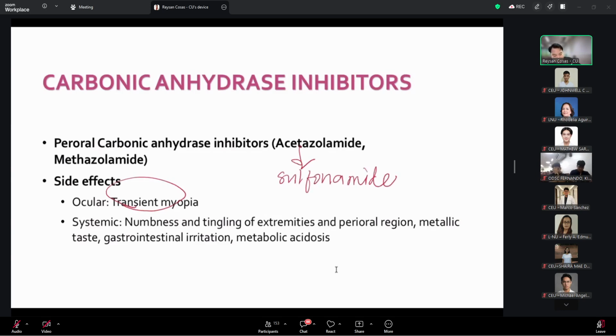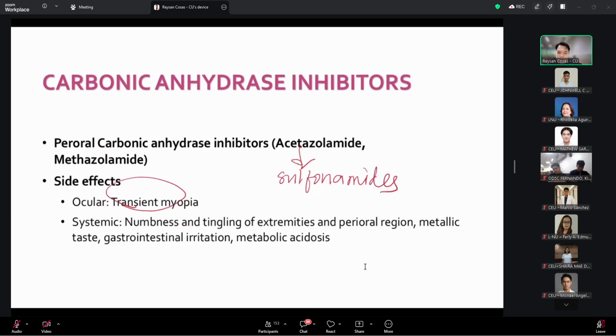Sulfonamides. So, pag may allergy ka sa sulfonamides, doc, bawal kang mag-take ng KICE or acetazolamide because of the significant structural differences and similarities in KICE and the sulfonamides. Okay? So, bawal kang mag-take ng ano ang sabi ko? Sulfonamides. Okay.